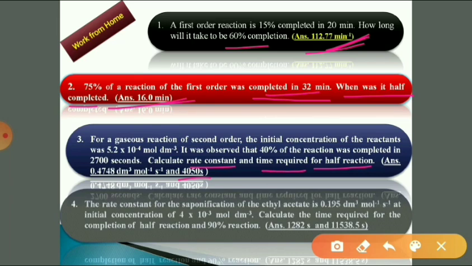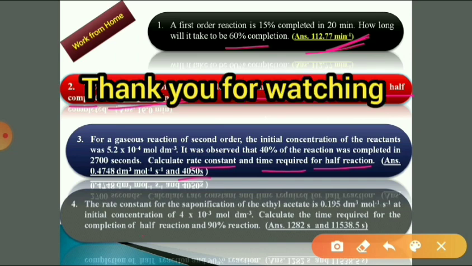The last problem: the rate constant for saponification of ethyl acetate is 0.195 dm cube per mole per second at an initial concentration of 4 into 10 to the power minus 3 mole per dm cube. You have to calculate the time required for the half time and for 90% of the reaction.